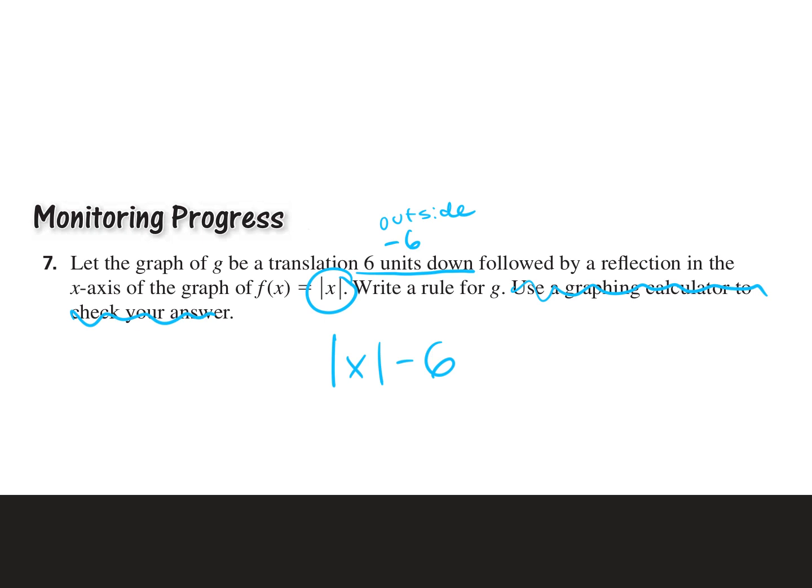Then followed by a reflection in the x-axis. A reflection in the x-axis, we multiply by a negative to show a reflection, but a negative gets multiplied, is it inside or outside? Outside. So outside, does that mean just the x or everything? Everything. So everything gets multiplied by the negative.